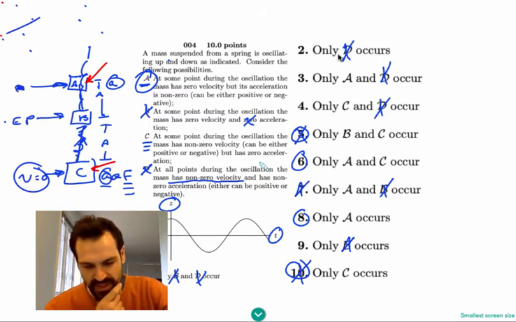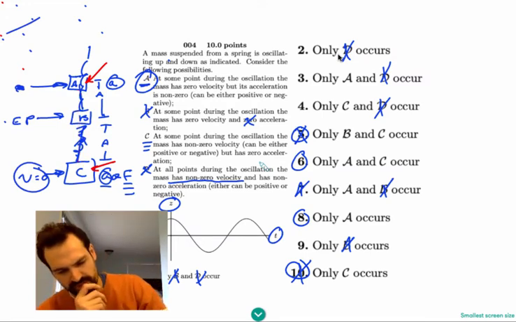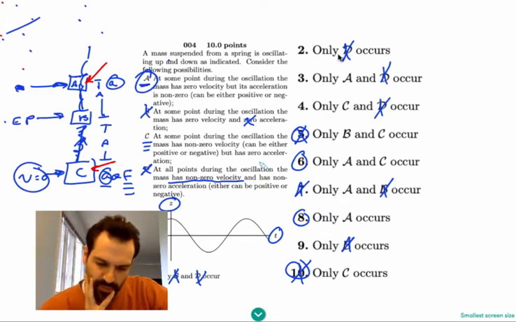And that can't be true because it's going to be moving from C up to A. But during that time, if the spring force is equal to the force of gravity. So if the spring force equals the force of gravity, then it would be true.